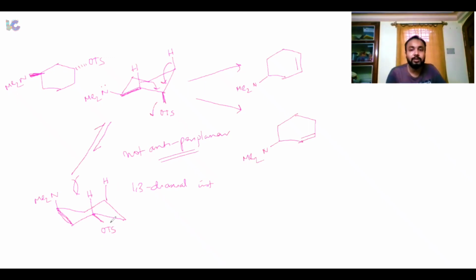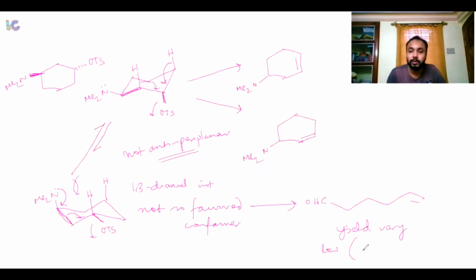Since this conformer is not so favored, the reaction will take place, but the yield will be less. We get around 10% yield, because this conformer is not so stable. So we'll get the product, but the yield is very low.